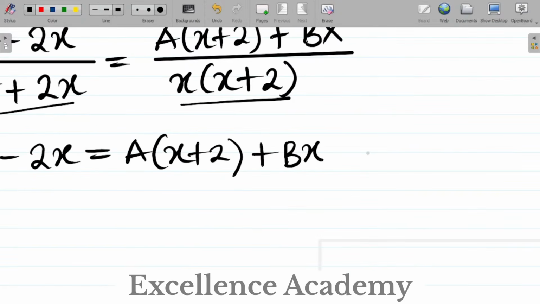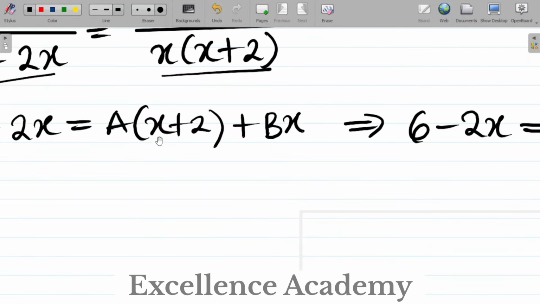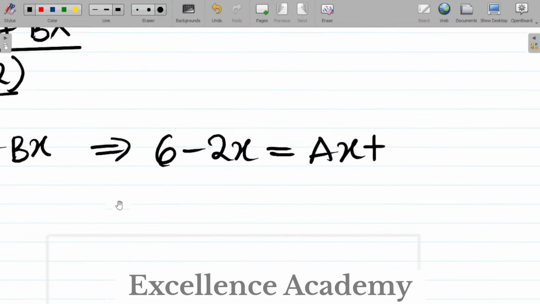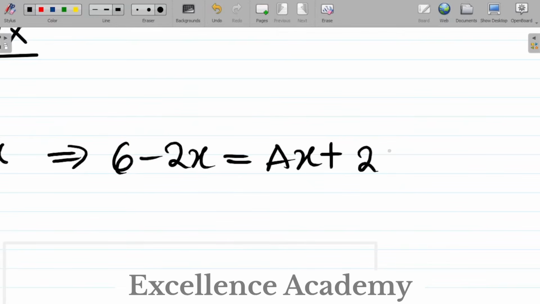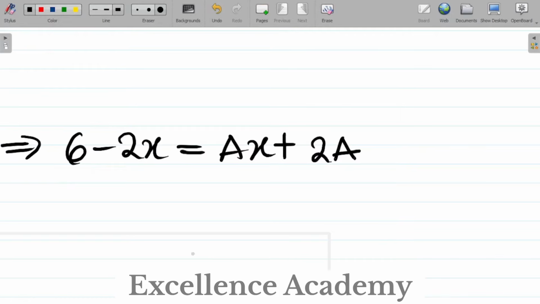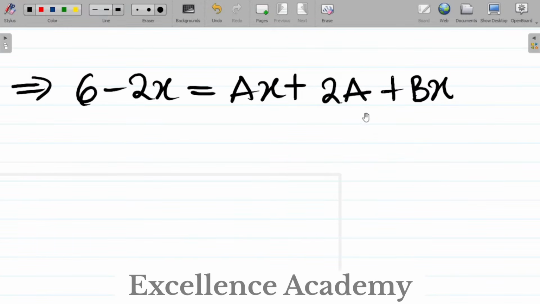Proceeding from here, 6 minus 2x is equal to, let's multiply this out: a times x is ax, plus a times 2 is 2a, plus bx. At this juncture, let's collect like terms.